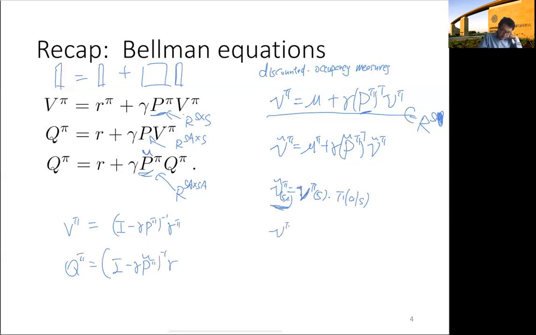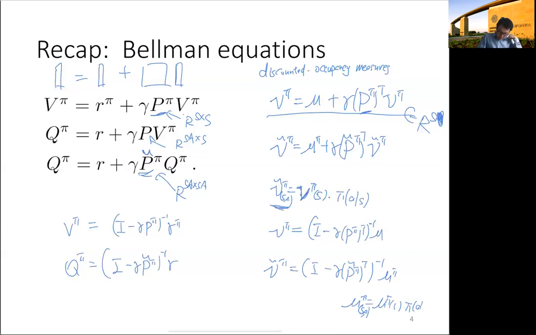And nu pi, the state occupancy measure, is identity minus gamma P pi transpose inverse times mu, where mu is the initial state distribution, and the state action occupancy measure is I minus gamma P pi tilde transpose inverse times mu pi, where mu pi SA is equal to mu pi S multiplied with pi A given S. Yeah, so it's the same as above.